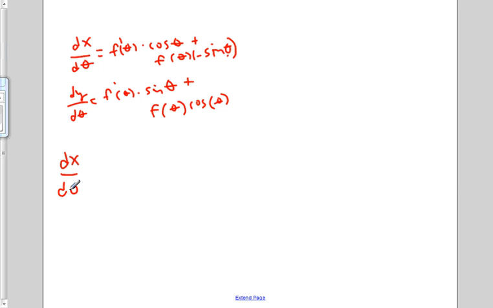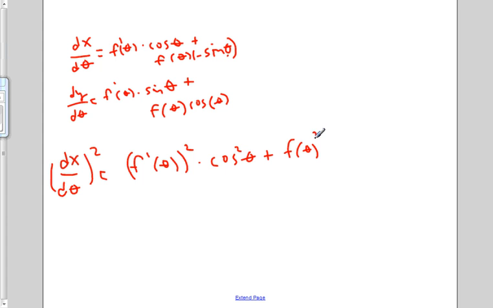Dx d theta squared is going to be f prime of theta squared times cos squared of theta plus f of theta squared times negative sine of theta squared, so the negative is going to go away. So just sine squared theta.